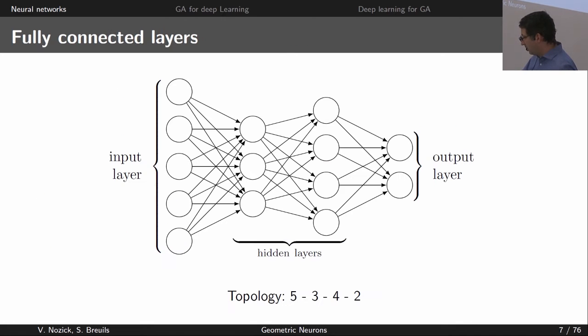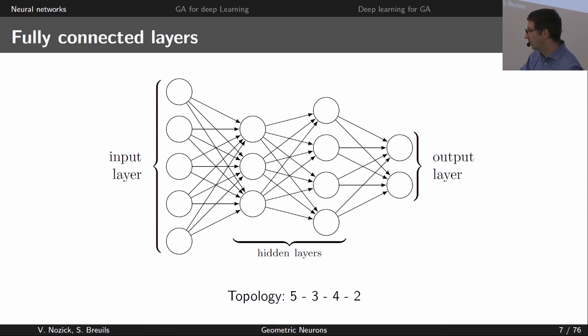Okay, so maybe one neuron is not enough for this talk. So we will use neural networks. We have maybe a lot of neurons, and usually we want to collect them in layers. A layer contains some neurons, and each neuron of one layer is connected to all the neurons of the following layer.